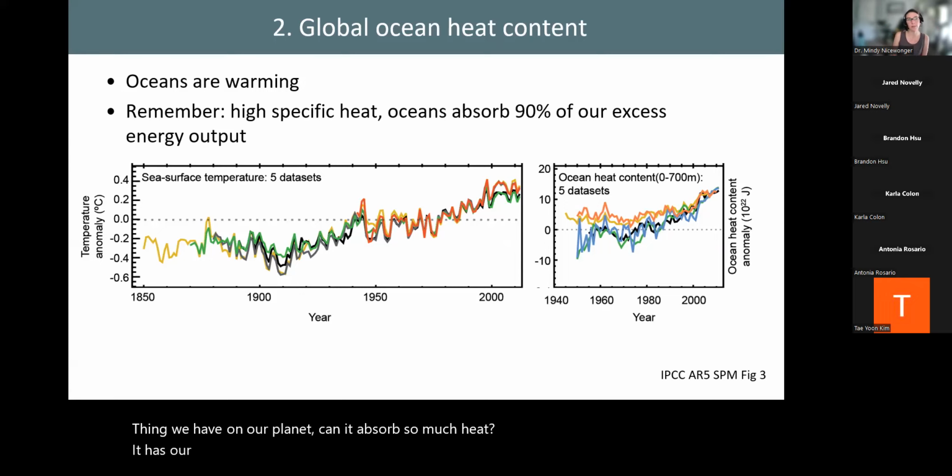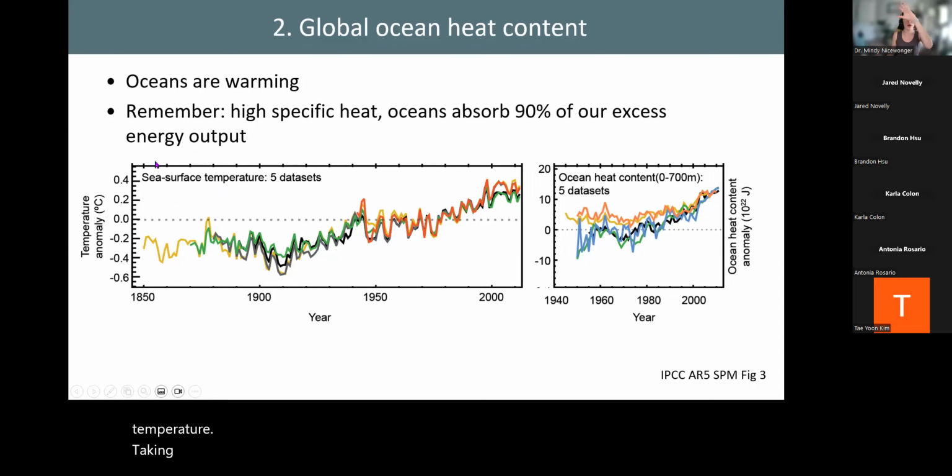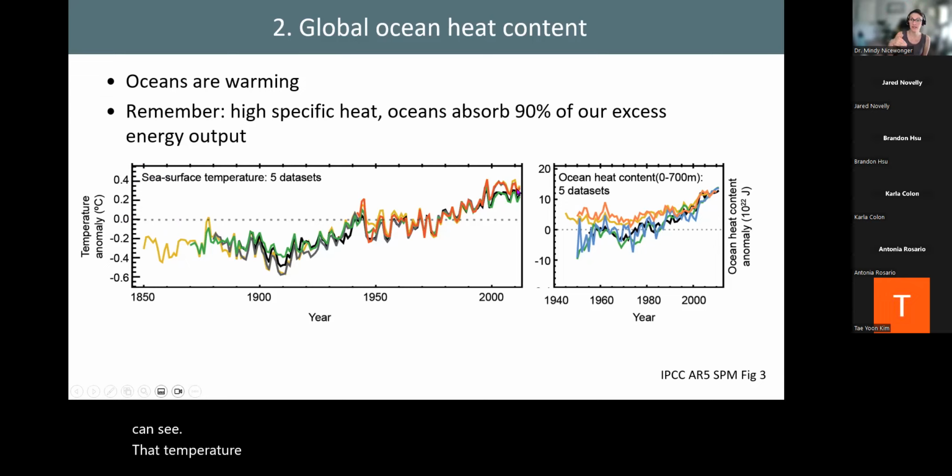Our oceans have absorbed about 90% of the excess heat in the climate system over the past few hundred years. When we look at sea surface temperature, taking measurements of the ocean all over the world for the past 150, 160 years, we can see that temperature is increasing. Again, these are temperature anomalies comparing each year to a baseline.